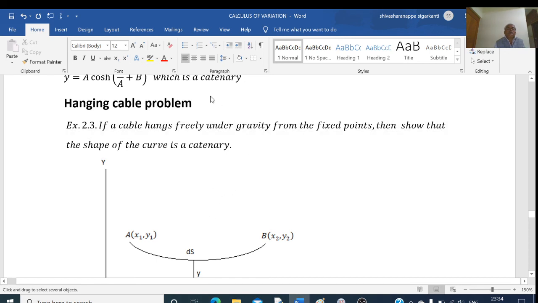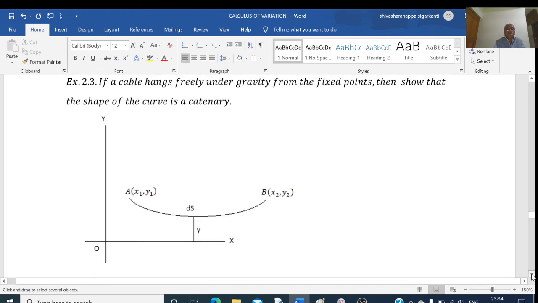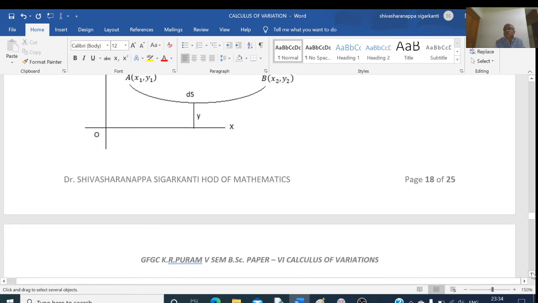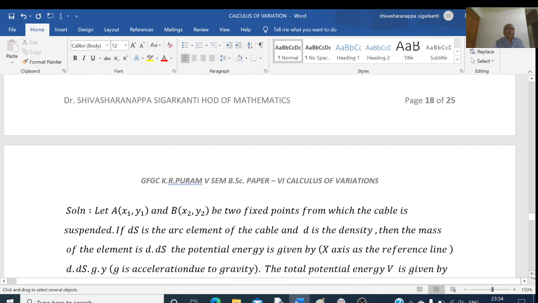This is similar to the previous example 2.2. So here, let the cable be suspended from the points A and B. A is the point x1 comma y1. B is the point x2 comma y2.